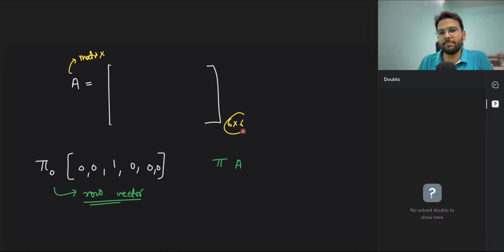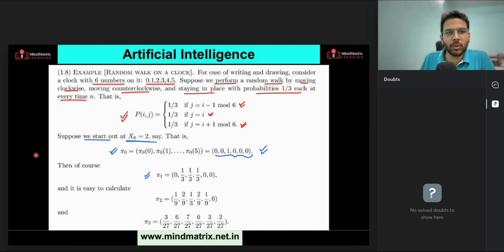In this example, you can say this is a 6 by 6 matrix, and this is your 1 by 6, right? 1 row and 6 columns are there. So this is the shape. Now, once you multiply pi 0 with A using matrix multiplication, you are going to get some result, correct? So once you multiply this, this is what you are getting, let's say pi 1.